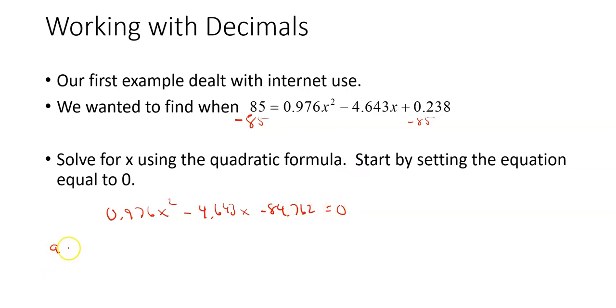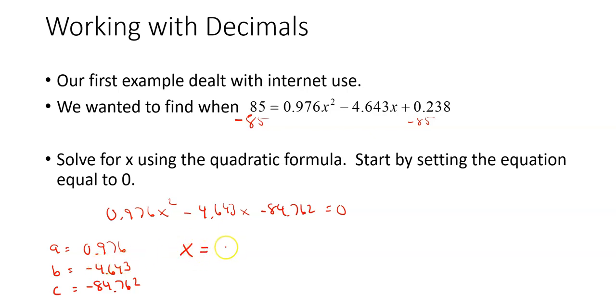So yes, my a value is 0.976, my b value is negative 4.643, and my c value is negative 84.762. This is not something that's going to give us an exact value. We're going to use our calculator to come up with an approximation in order to figure out what the answer is. So let's set this up.